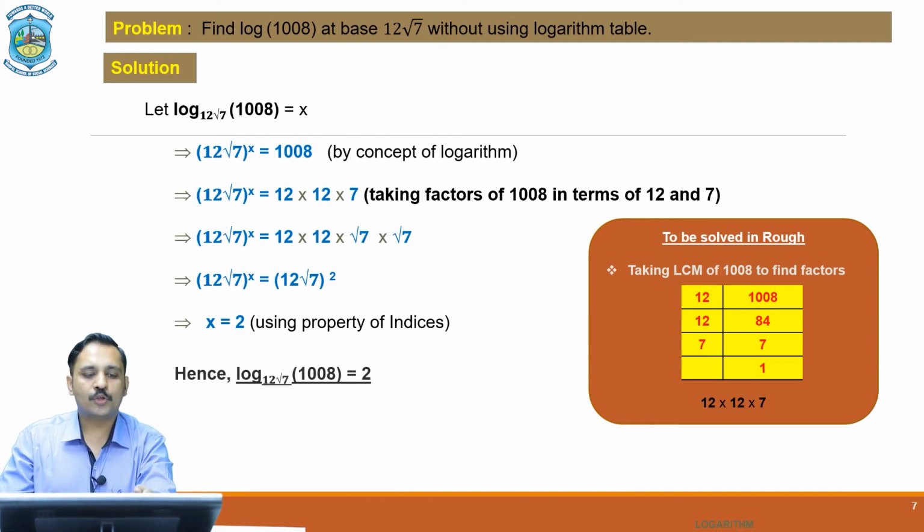So we have 12 into 12 into root 7 into root 7. We can write 7 as root 7 into root 7. So we can also convert it as 12 root 7 whole square, which is equal to 12 root 7 raised to power x. Since bases are same, the powers are same. That means the value of x is equal to 2. Hence, the value of log of 1008 to the base 12 root 7 is equal to 2.